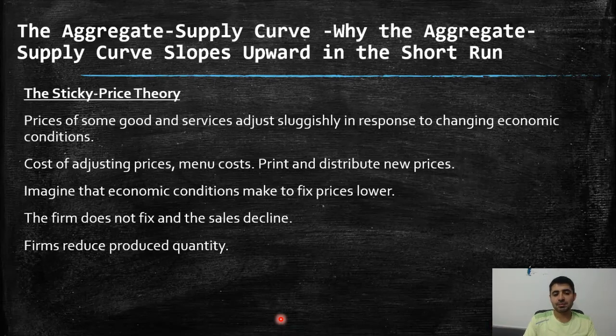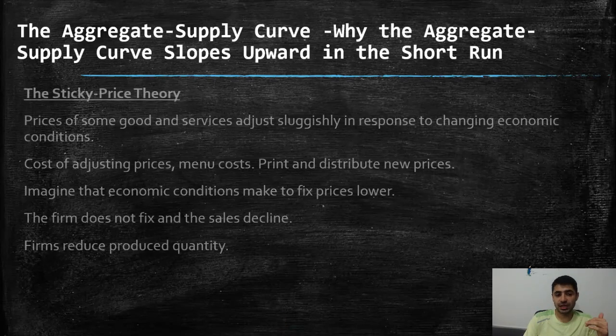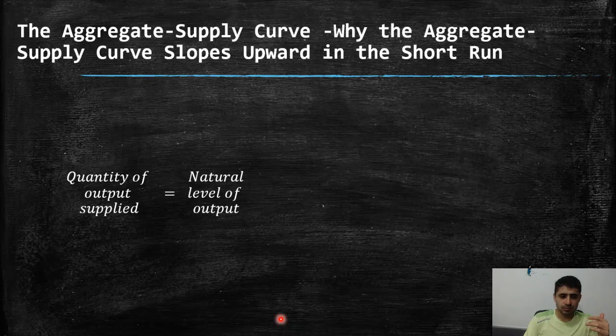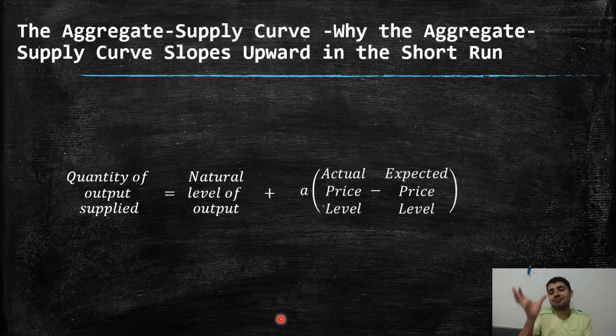Imagine that economic conditions make firms want to fix prices lower. This is a situation where the firm does not fix them and the sales decline. So the firms reduce the quantity produced because they couldn't handle the movement of the prices, so they couldn't change the price level. So the quantity of output supplied is equal to the natural level of output plus a variation.